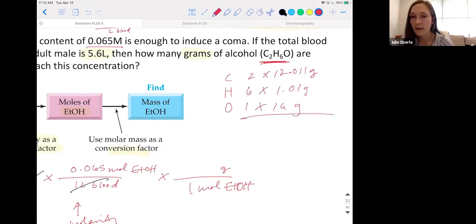So you multiply all this, 2 times 12.011, 6 times 1.01, and 1 times 16, because you got 1 oxygen. So total, what is that, 48 point, is that what you got? 48.082. So that's the molar mass.